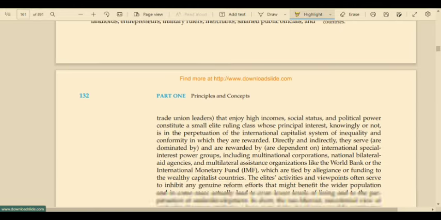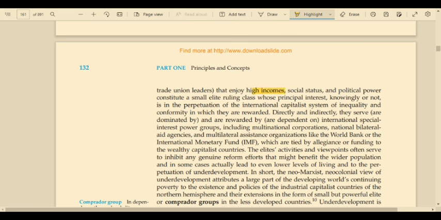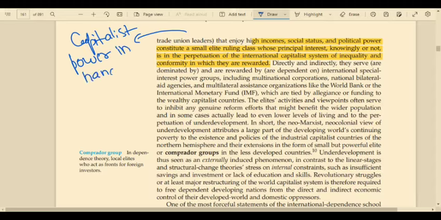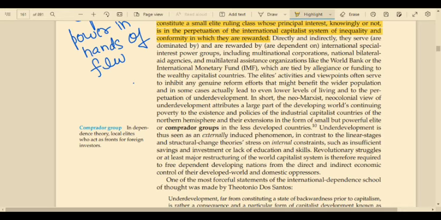Certain groups in developing countries, underdevelopment.